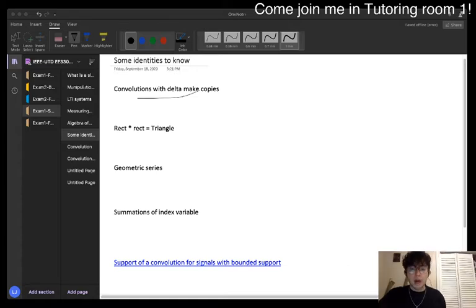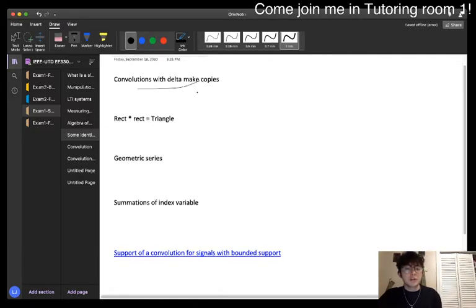So I think that's a helpful illustration. Oh shoot, that didn't get picked up on the recording, but anyway, I'll just go ahead and keep going with OneNote. Let me pull that back up. So convolutions with deltas make copies.